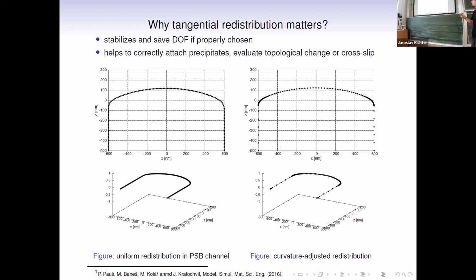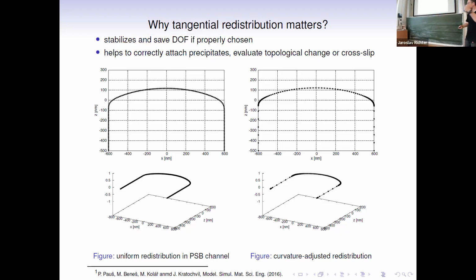So before that, maybe I show a picture. Why does such a tangential term matter? This is actually one of the biggest drawbacks of the parametric method, because when we deal with it numerically, we can reach a situation where the discretization points start to accumulate in some parts of the curve and be very sparse in another one.